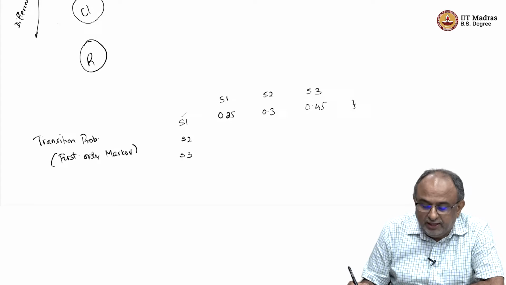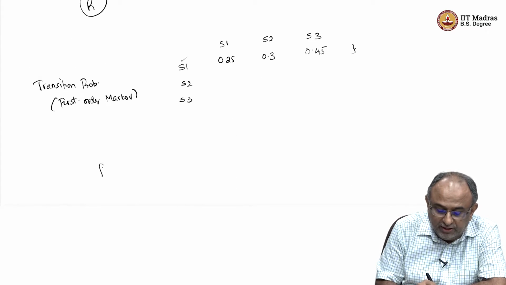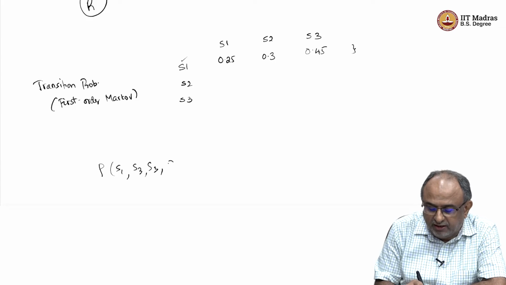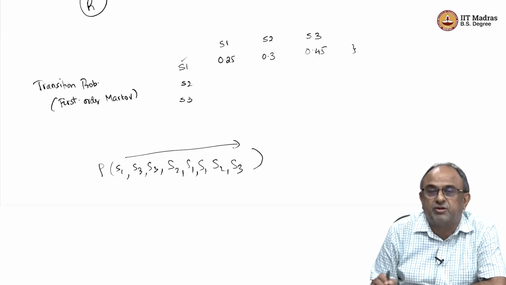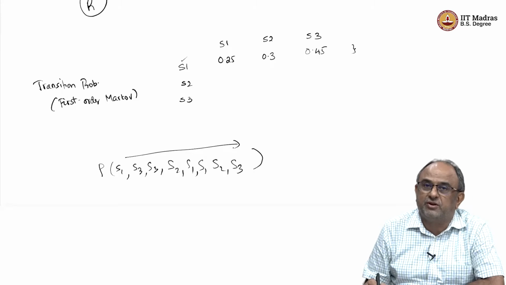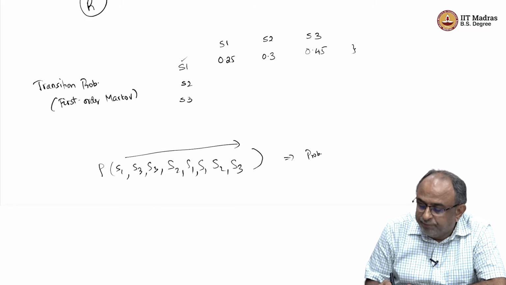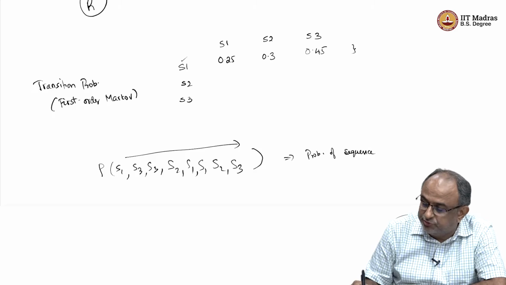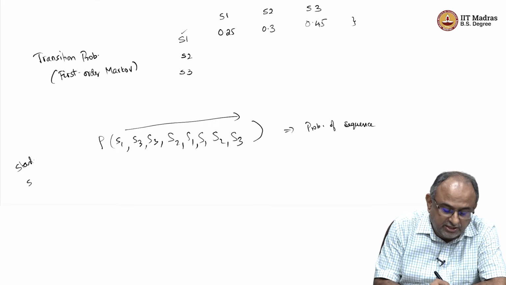Often what we are interested in is the probability of observing something like S1, S3, S3, S2, S1, S1, S2, S3, like that, right? So what is the probability of such a sequence occurring? That means we are looking at the first order Markovian process. We start somewhere, let us say the starting state was S2.